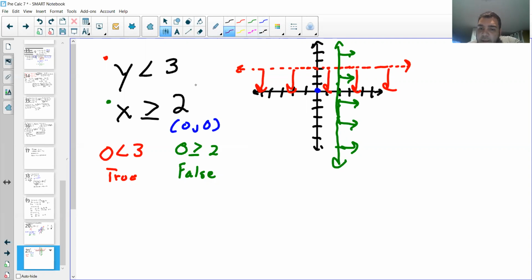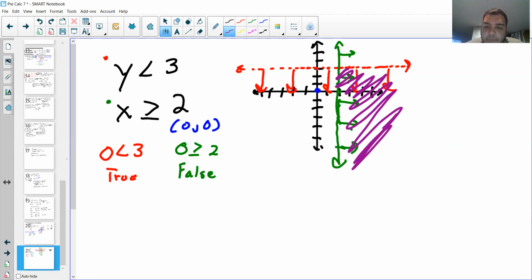Okay. Here, in a system of inequalities, it's not one or the other. What I need is both at the same time. So it has to be true that y is less than 3 and x is greater than or equal to 2. And the only place in this section where they're both true is where the arrows are hitting each other. And it seems like the arrows are hitting each other in this corner over here.